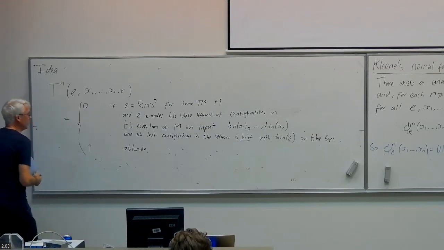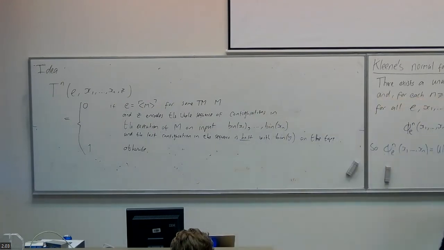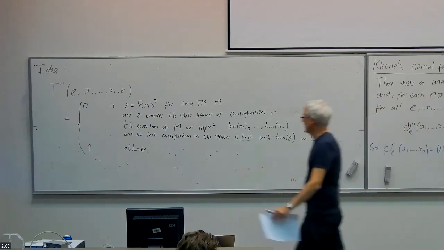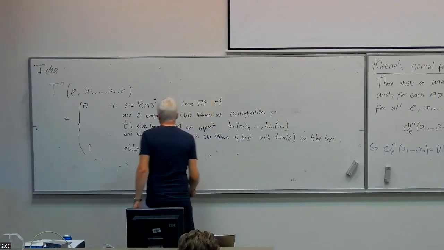So the point is, we're given an E and x1 through to xn. This minimization here is going to look for the smallest z such that this is 0. In fact, there's a unique z such that this is 0, which is just the execution sequence that results in a halt with the binary representation of a number on the tape.